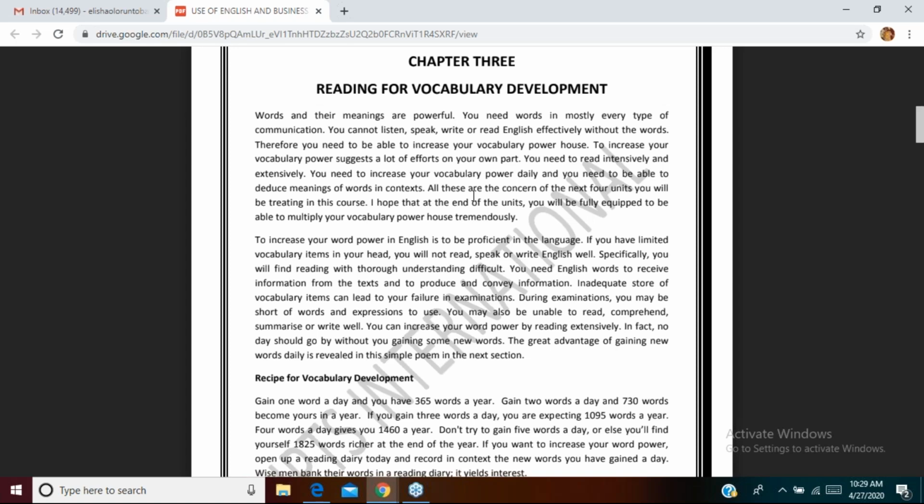It's important that you know how to pronounce words correctly. We are talking about words here. Words and their meanings are powerful.